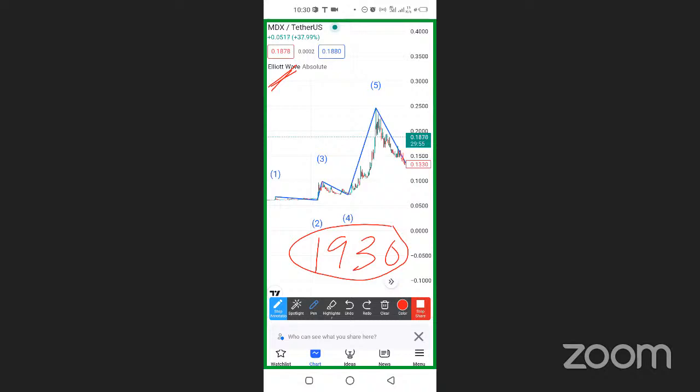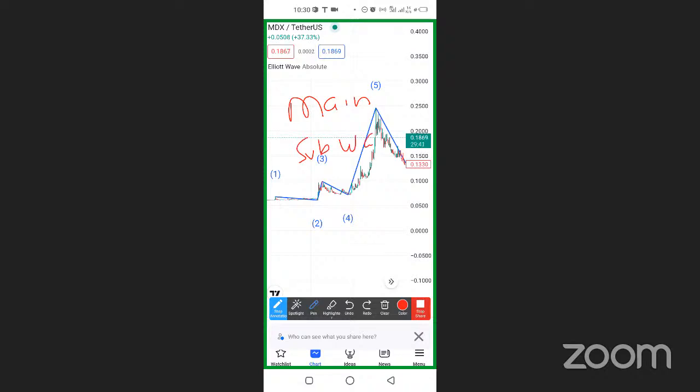This strategy has what we call waves: the main waves and the sub waves. The main waves are divided into two: the motives and the corrective.